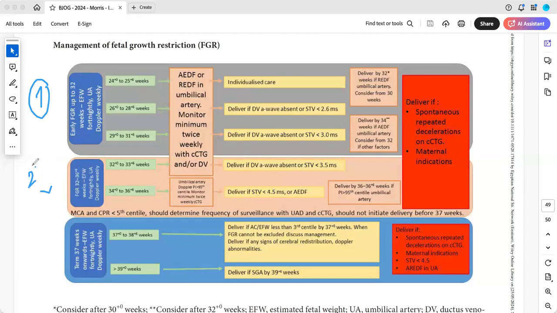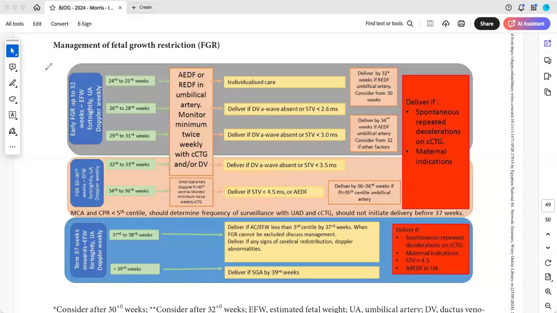And here is the term, which is the least risky group. So guys, in your approach, just try to understand what the situation is, what I shall do when I read the case, and apply it on the algorithm. How to navigate through.